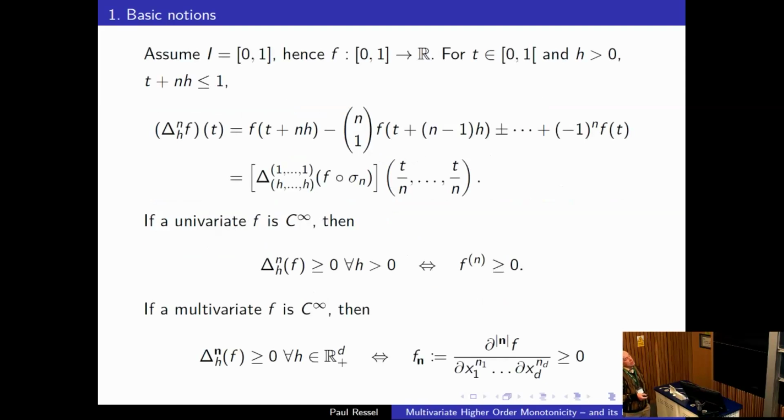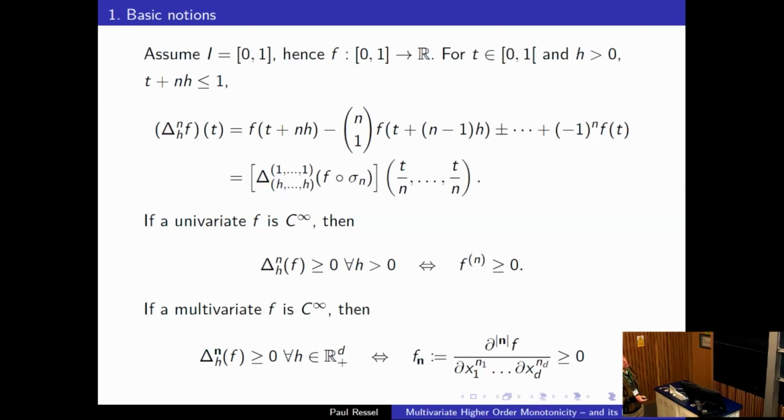For any t which is smaller than 1 and a positive h, with t plus nh less than or equal to 1, this is defined, and it's the usual thing: f of t plus n times h minus n over 1, f of t plus n minus 1 h, and so on.